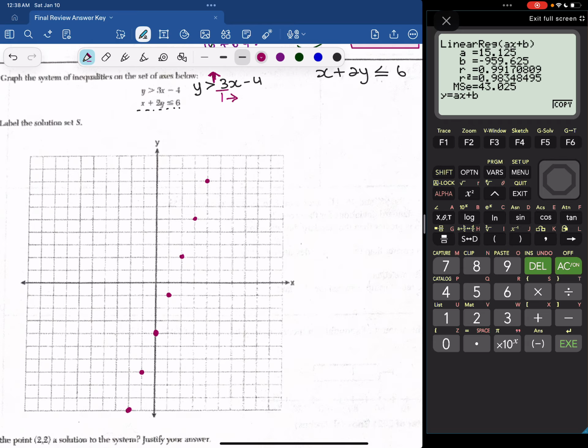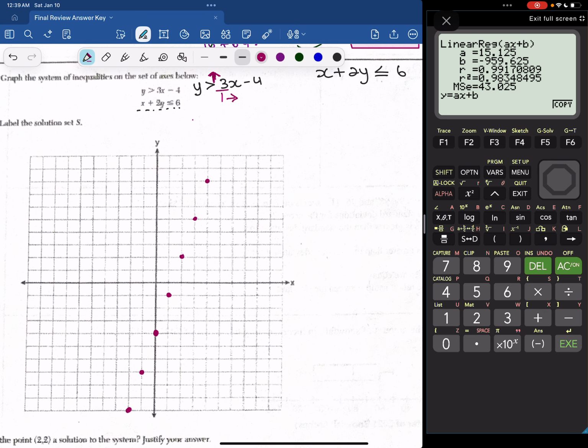Now, since we have y is greater than, right? We look at the sign to decide what kind of line we're going to do. Are we going to do a solid line or are we going to do a dashed line? When we have a greater than or a less than sign, we're gonna do a dashed line. Let me write that down.